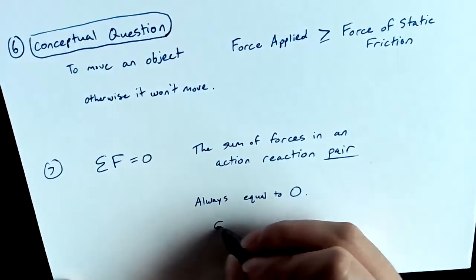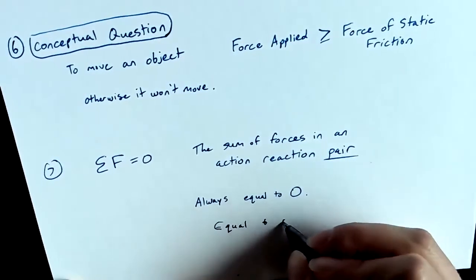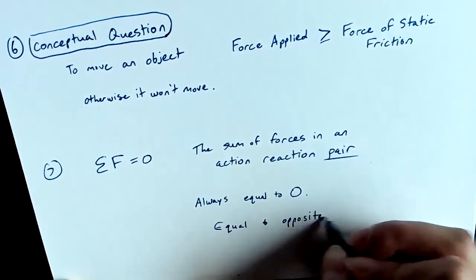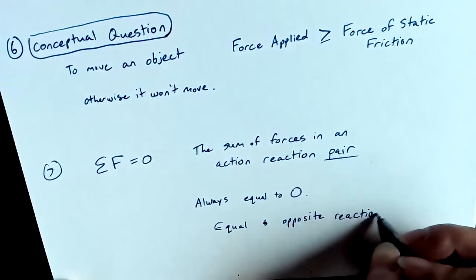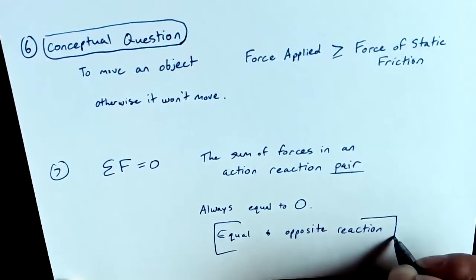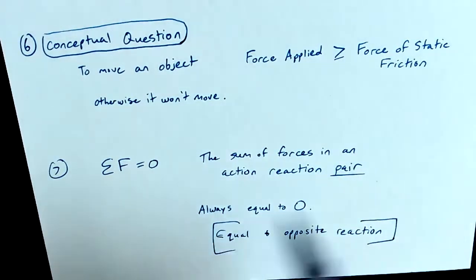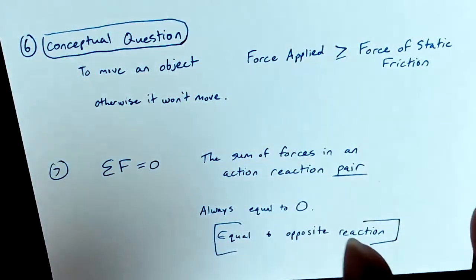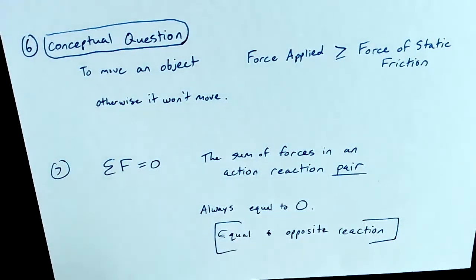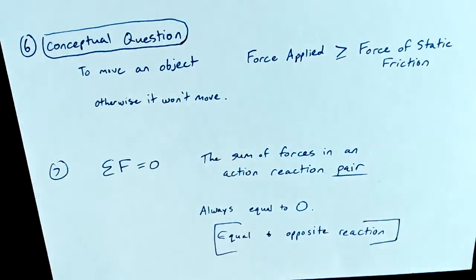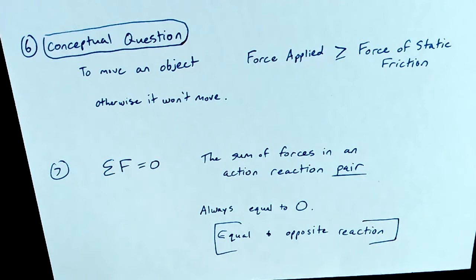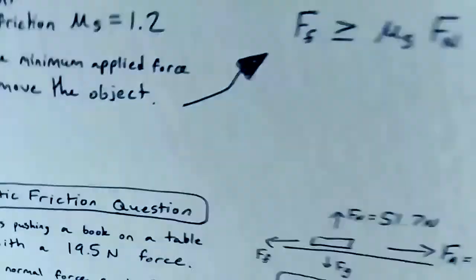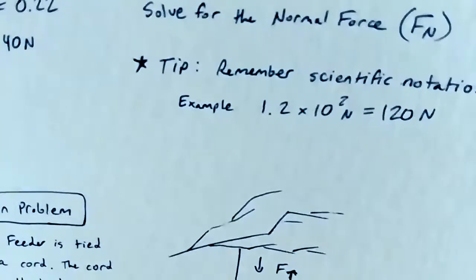Because there's always an equal and opposite reaction. You need to apply a certain amount of force to make something move, and then you have to apply a certain amount of force to keep it moving. And there are equal and opposite reactions of forces in Newtonian physics. Things get a little more complicated later, but right now, this is all you need to focus on.